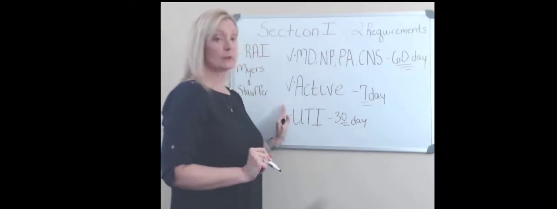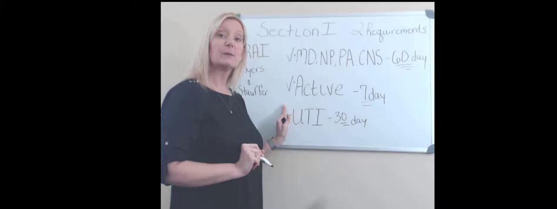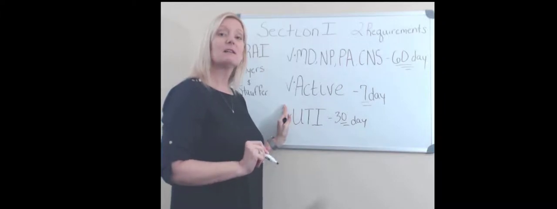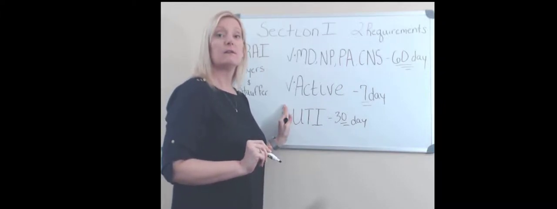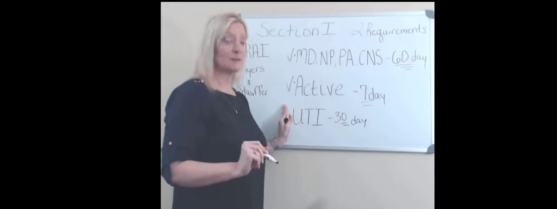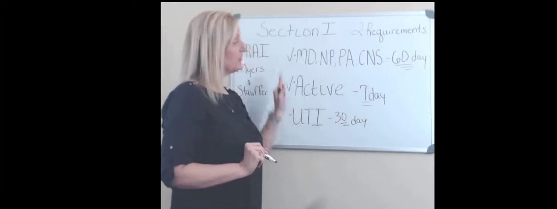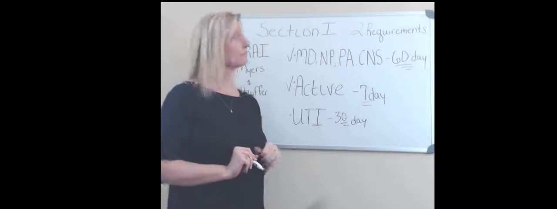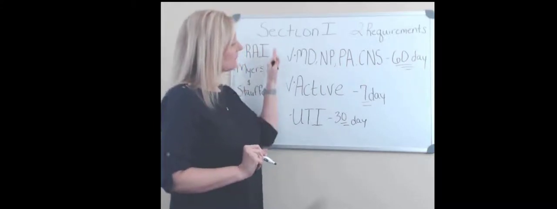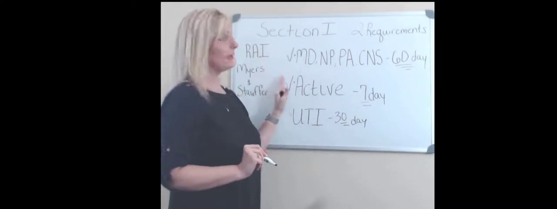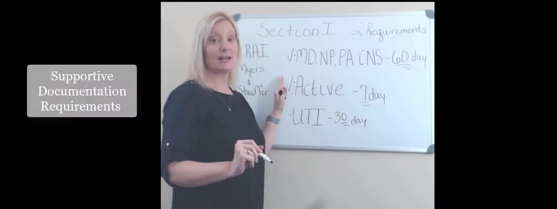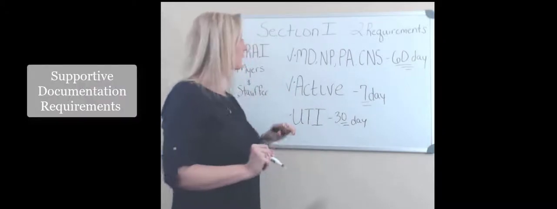So you'll look through those requirements in your 30-day look-back time frame to see if the definition of urinary tract infection has been met, and if you have that MD signature. So you just have to ensure you meet the two requirements before you code a diagnosis on the MDS.